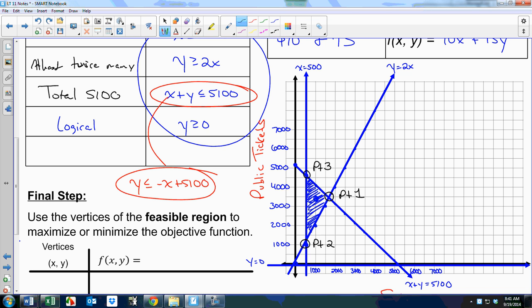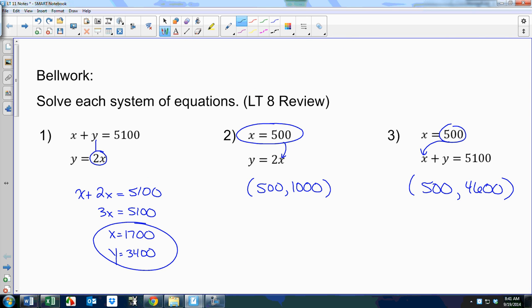I can't see the answer on the graph because it's not at a nice perfect spot, but what two lines are crossing in point 1? The y equals 2x line and the x plus y equals 5100 line, right? If you go back to your bell work, that was the first point we found using elimination.